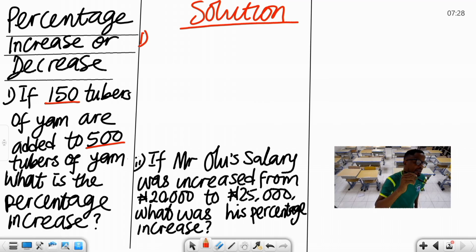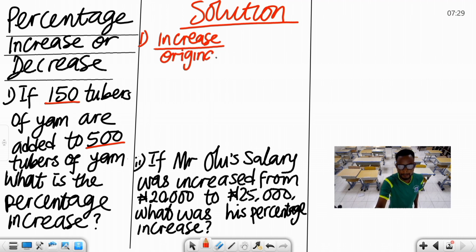So, in calculating percentage increase, whatever the increase is, even if it is decrease, it's increase over original multiply by 100.